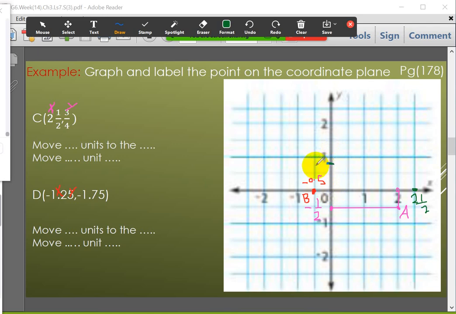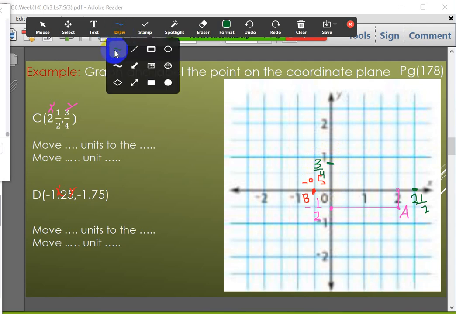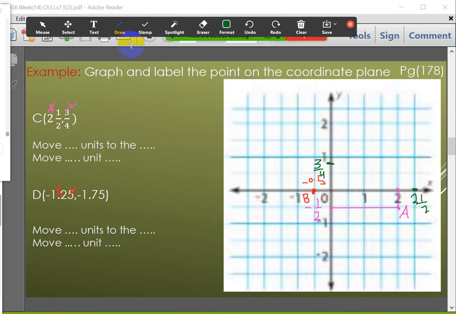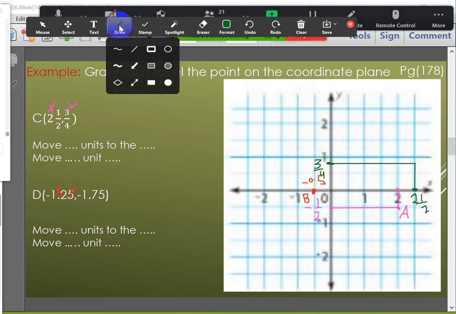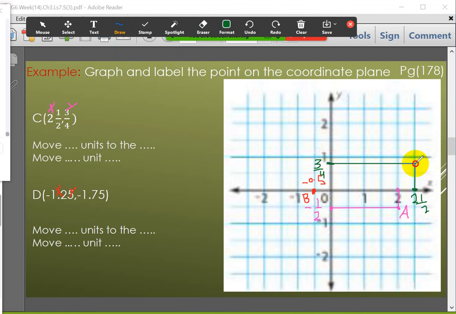This is 3 over 4. I have to take a vertical line from 2 and 1 over 2 and a horizontal line from 3 over 4. They will cross on this point. That means this is point C.